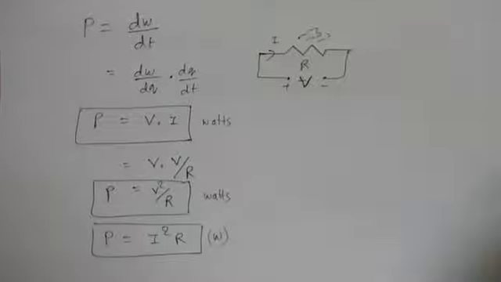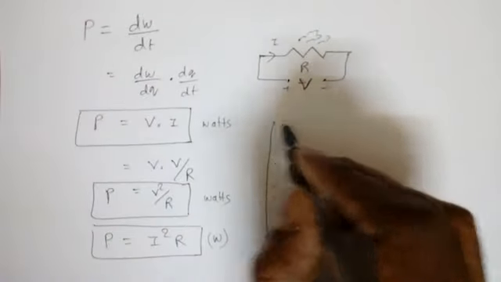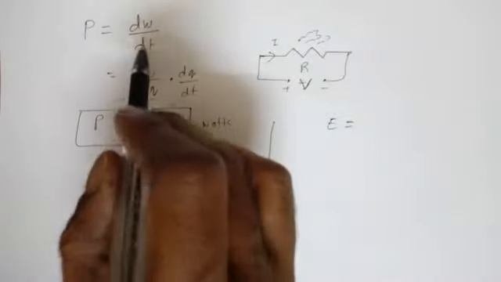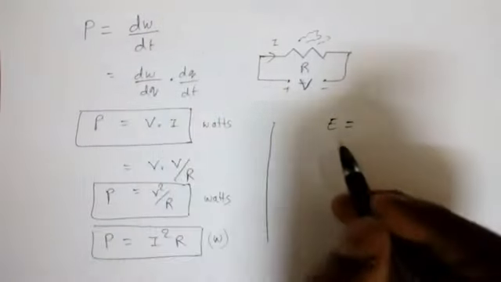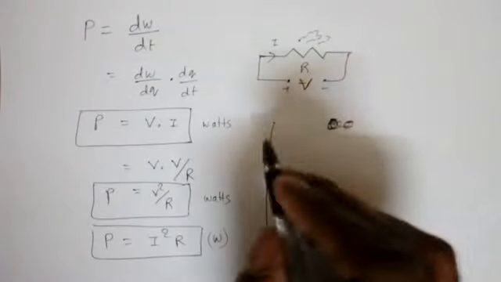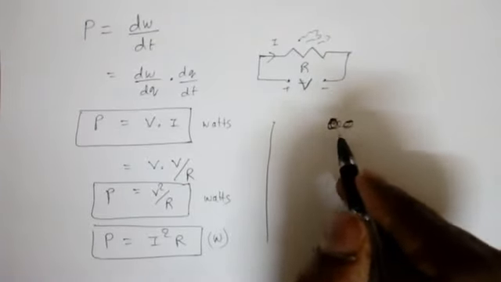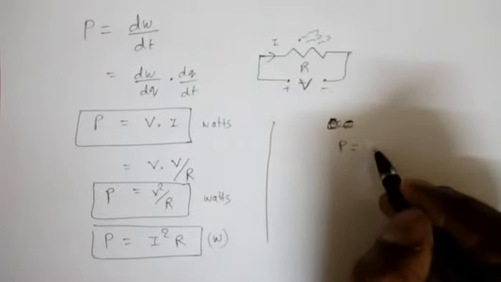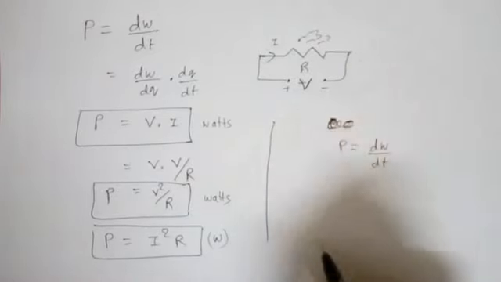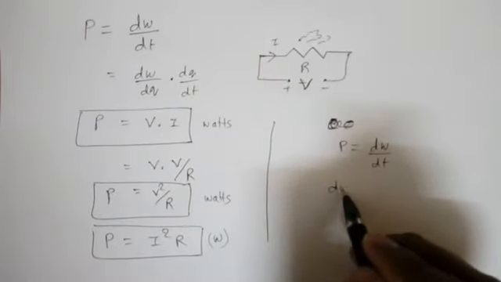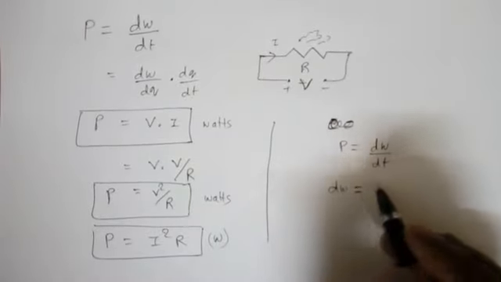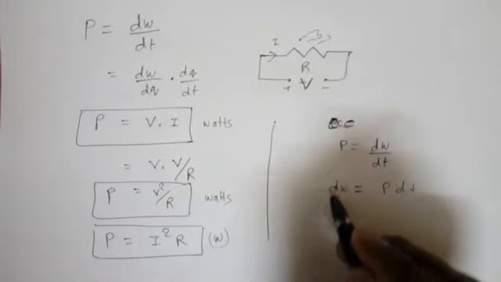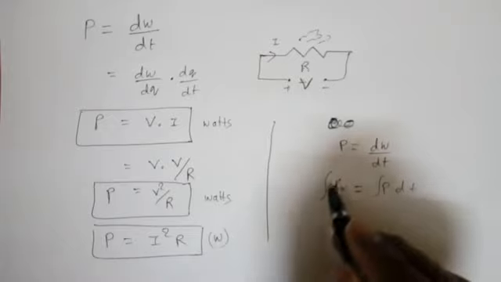Now if I want to find the energy, from dW by dt, we cannot use E for energy because we already used E for electric field, so I will use W for energy. So P is equal to dW by dt, right? If I want the work or energy, dW is equal to P into dt. If I integrate both sides, the d will be cancelled.